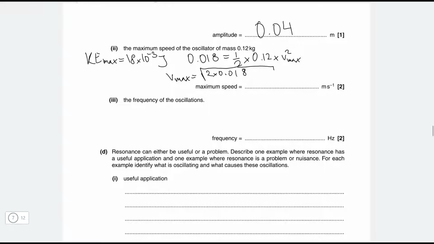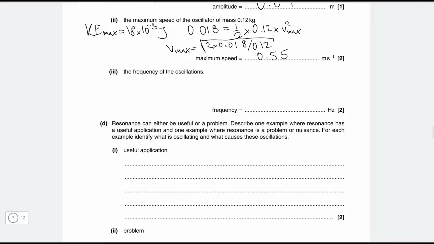I'm going to divide that by the mass, and the mass is just 0.12. Plugging that into a calculator, we're going to get about 0.55 meters per second.